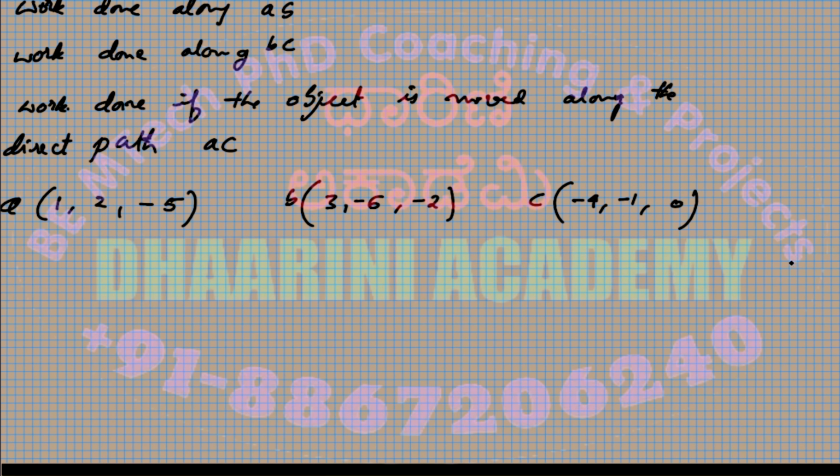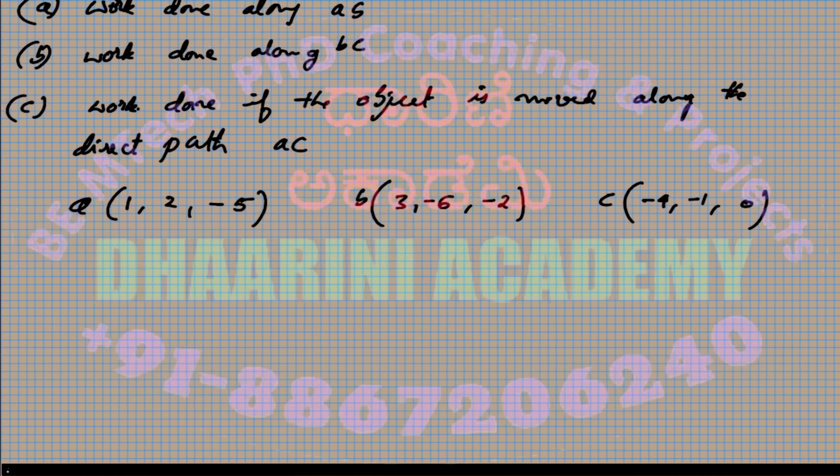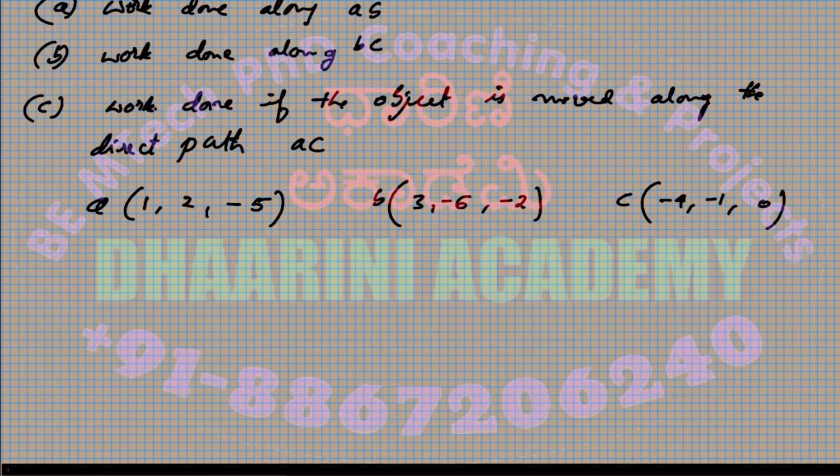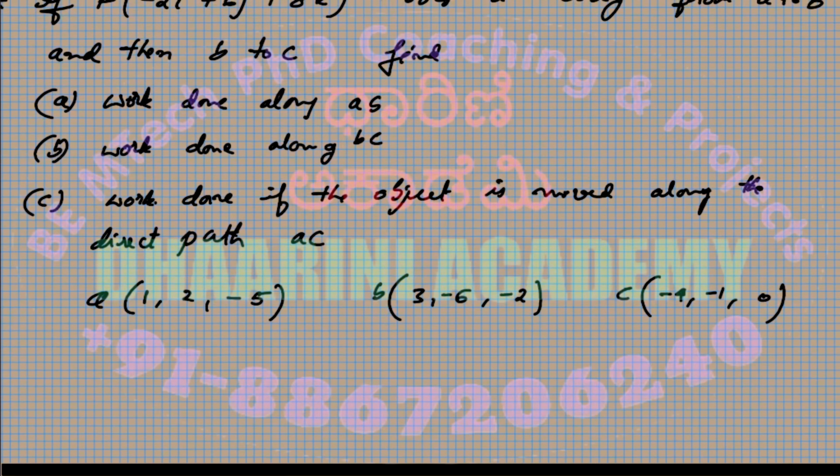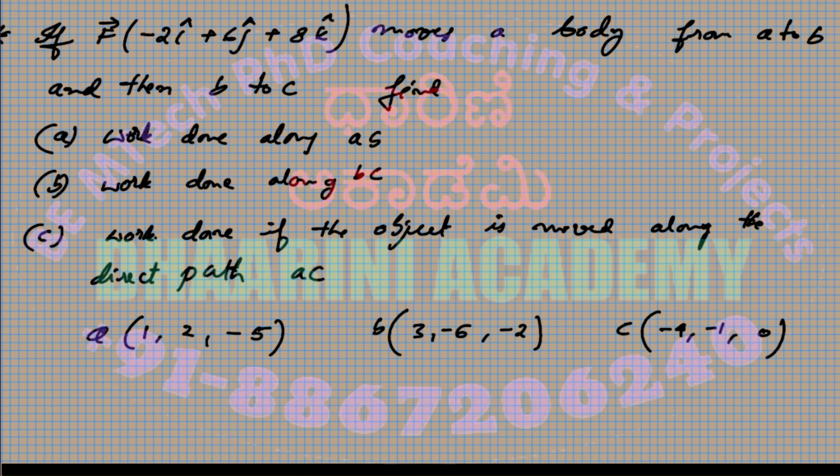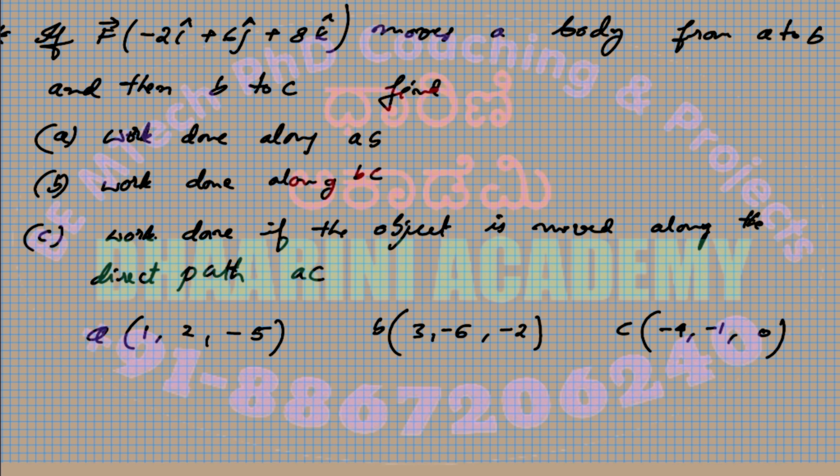So there is a force. Force is already given. So the value of force is mentioned. Okay, this is the force: minus 2 i plus 6 j plus 8 k. So there are three parts in the question, right? Whatever we did in the previous problem, we need to repeat now.